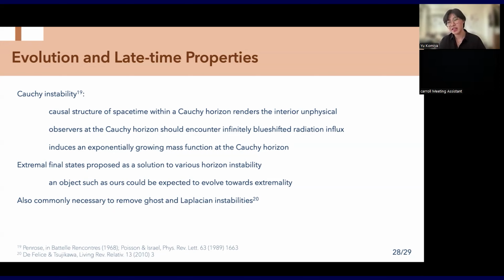Taking the particular example of this monopole bag case, we have a central region that determines the charge of the object by a mechanism that is not relevant to the fluid properties or anything like that. So if we have this object and we have horizons, then we can expect Hawking radiation, but we don't expect the charge to be changing. So there is a very natural way to evolve towards extremality in this particular scenario.